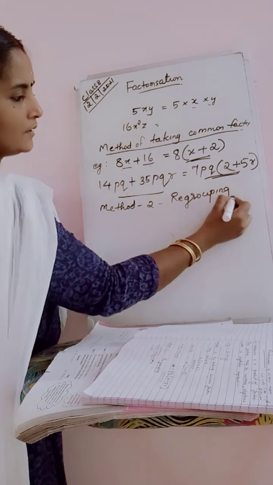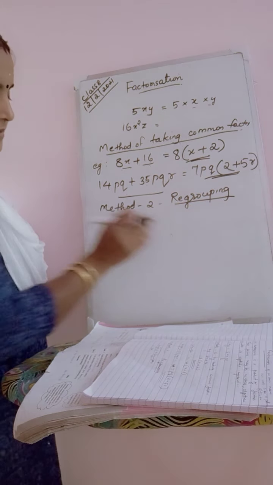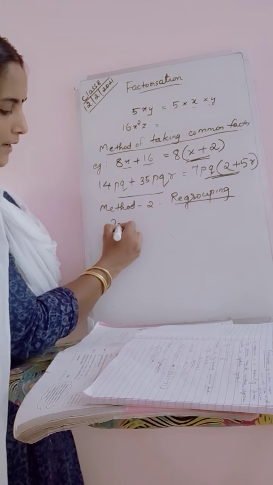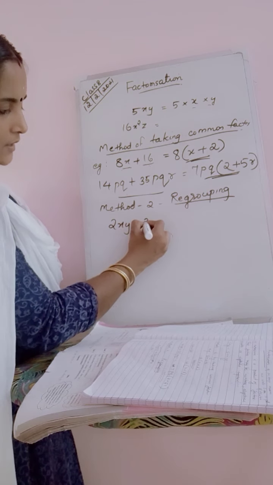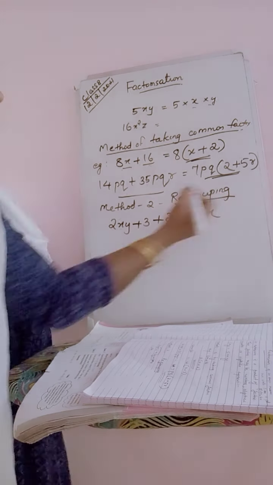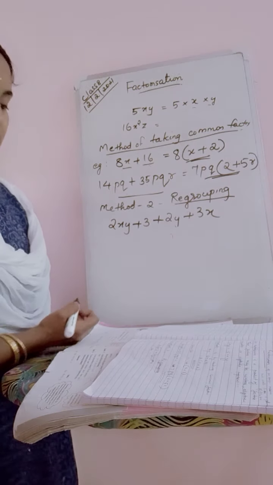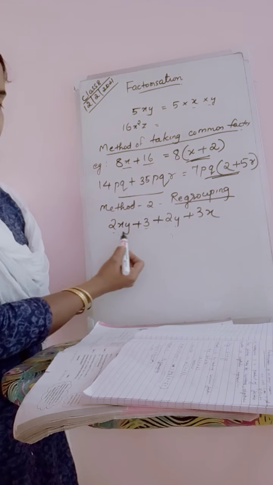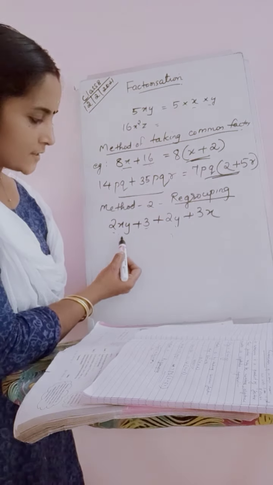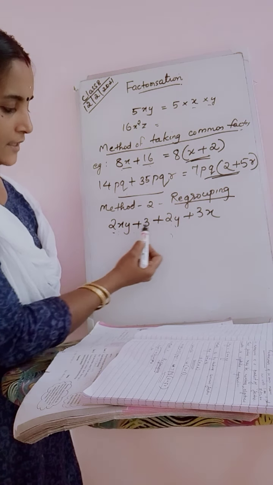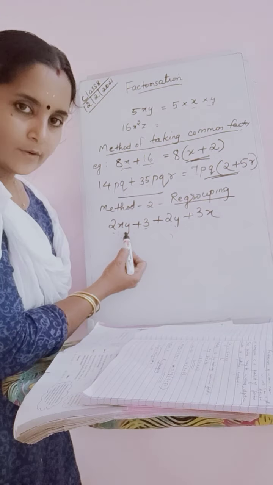Here I explain this using an example. The question is 2xy plus 3 plus 2y plus 3x. Here we have 4 terms. If you consider the first 2 terms, 2xy and 3, there are no common factors. But clearly we know that the first and third terms contain common factors.